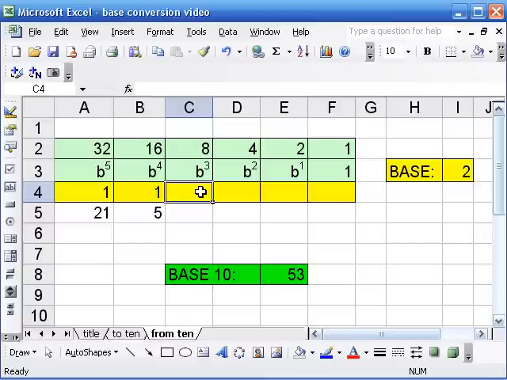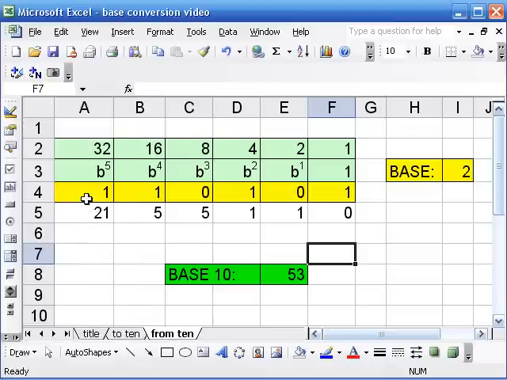How many 8s? Well, there's none, and I still have 5 left. How many 4s? There's 1. Still have 1 left. How many 2s? None. I still have the 1 left. How many 1s? 1. And now I don't have anything left. So our base 2 number is 1, 1, 0, 1, 0, 1.